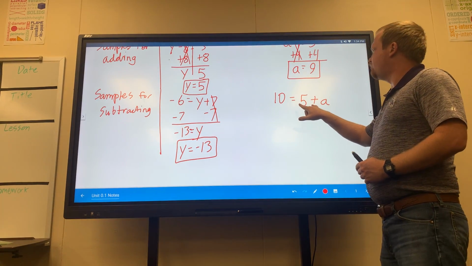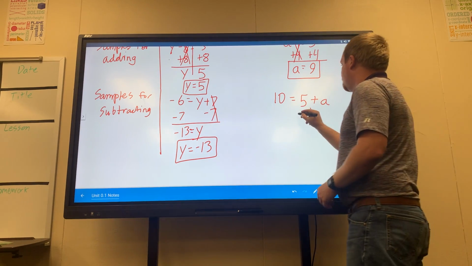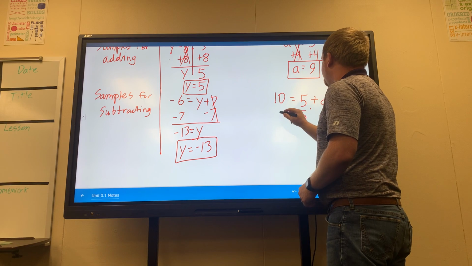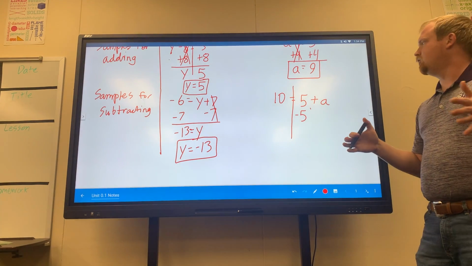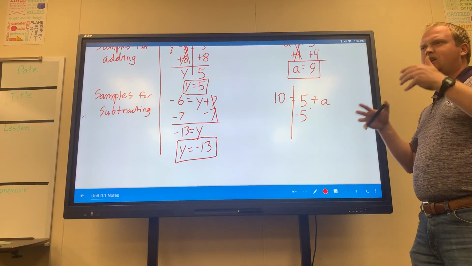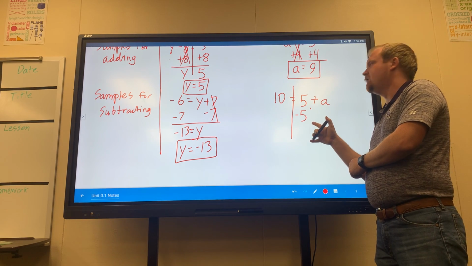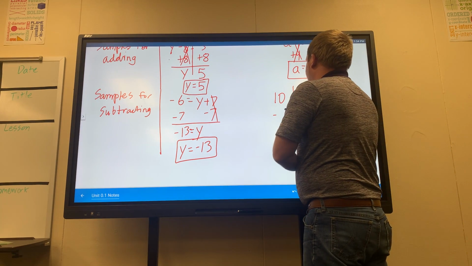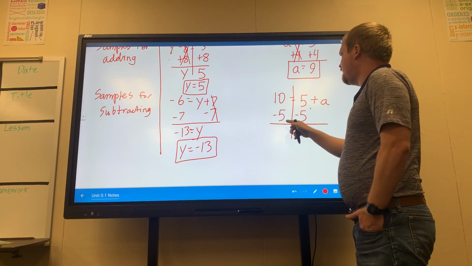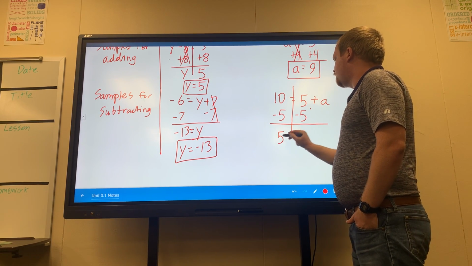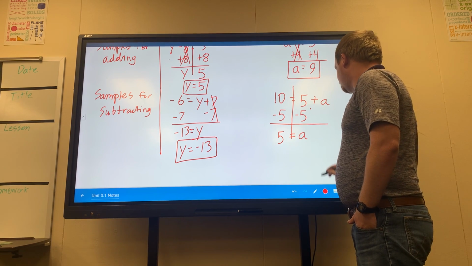But I can still subtract this 5, because I know this 5 is positive. I'm going to subtract it from both sides. So if I draw the line, just so that way you guys know which side I'm really subtracting from, I'm subtracting 5 from the right side. So that means I subtract 5 from the left side. So 10 minus 5, that's going to give me a positive 5, equals A.